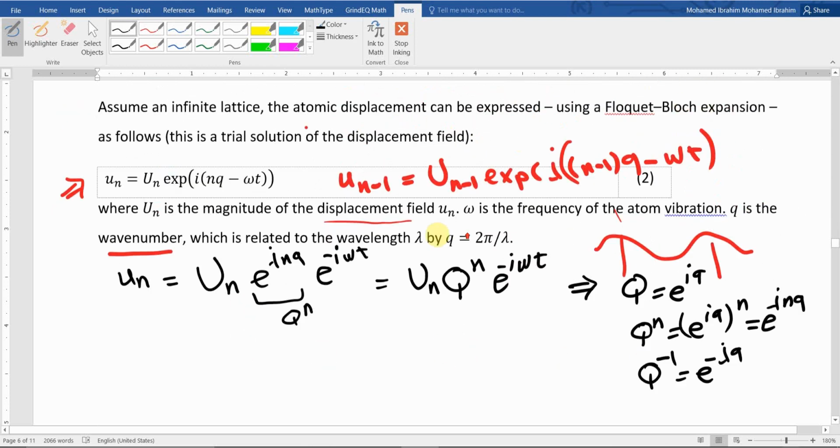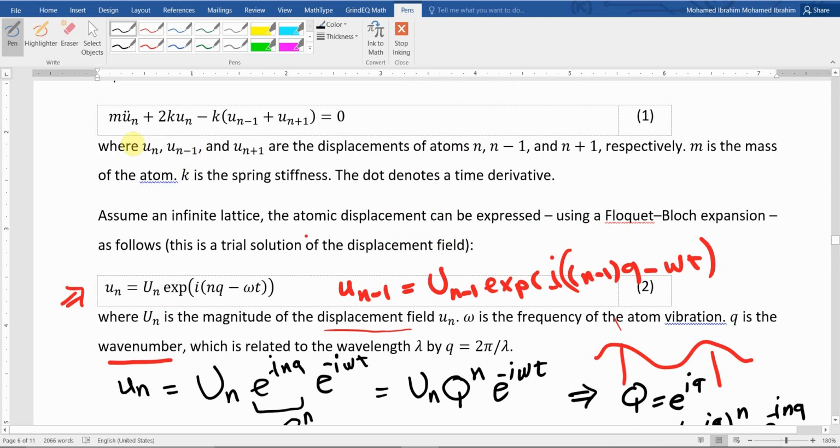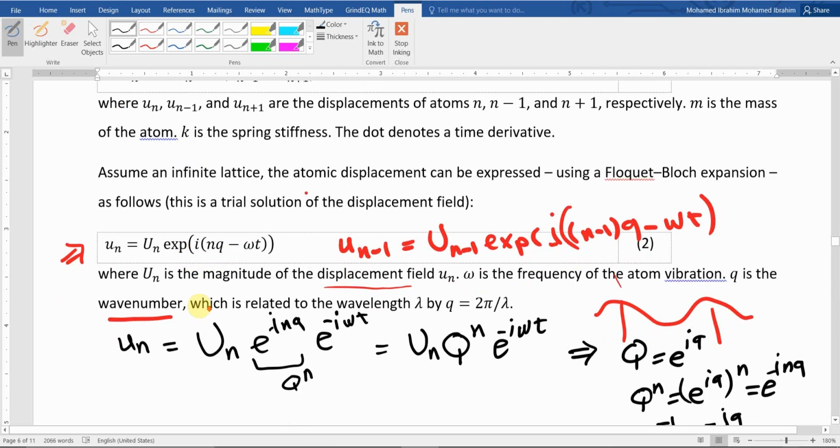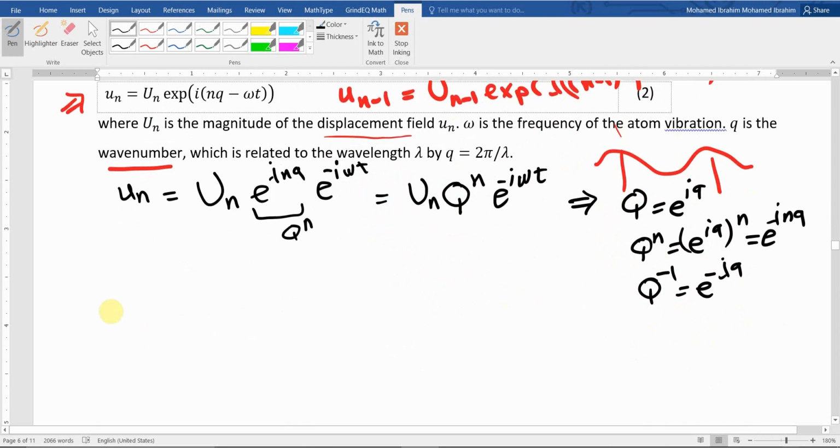Then let us plug this formula into equation 1. The first term is u double dot. U double dot means we are differentiating with respect to t, which stands for time. So we do the time derivative of this expression twice. This gives us, at the end, negative omega squared times m, times the u N q to the n, which is this one, e to the negative i omega t.